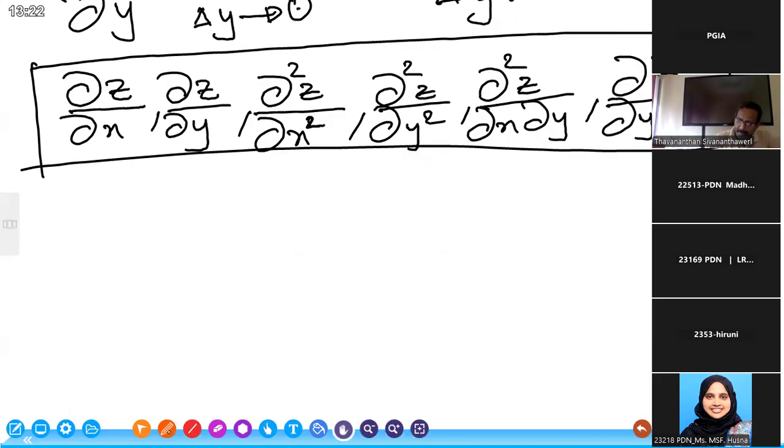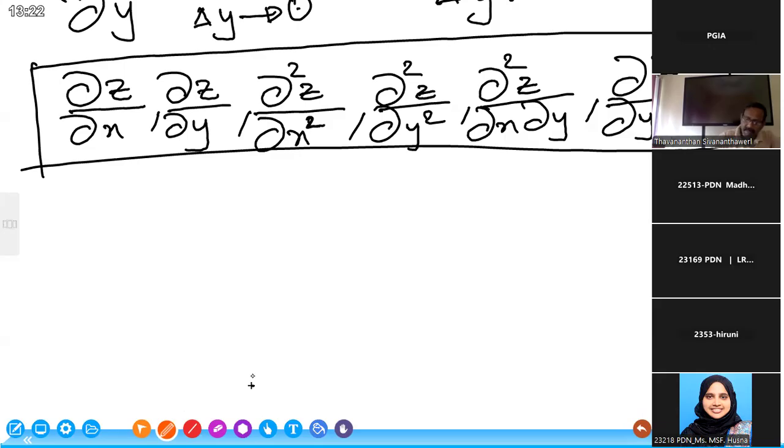Yes, sir. Good. So we are going to see all these six different components for a given function. Keep in mind, when we find the partial derivative of z with respect to x, the rest of the independent variables will be treated as constant. So that we'll have to keep in mind.